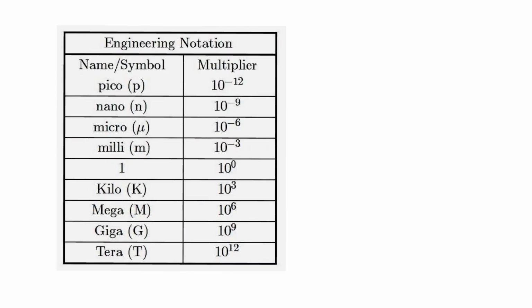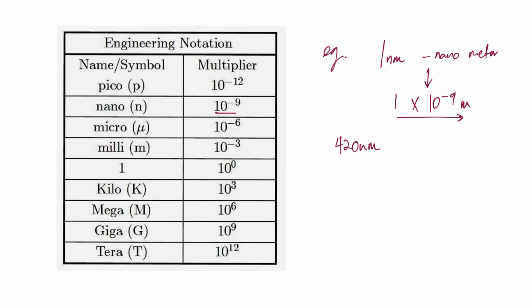For example, they could give you 1 nanometer, but you need to convert that to meters. So you'll say 1 times what's nano, 10 to the power of negative 9, and that gives you your standard unit there. And that would be the unit in meters. They could give you 420 nanometers. And you'd say 420 times 10 to the power of negative 9 meters. So you'll do that kind of a conversion.